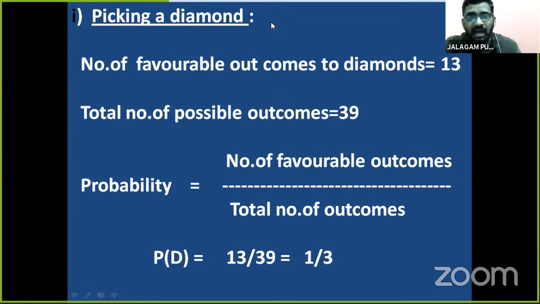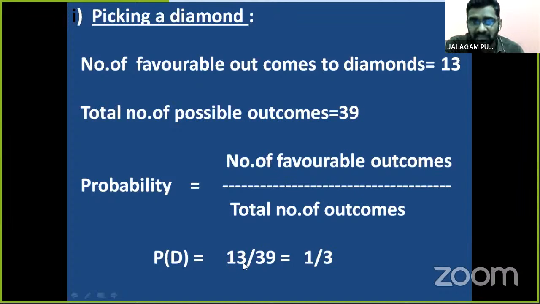So here, the probability of picking a diamond is equal to the number of favorable outcomes of picking a diamond divided by the total number of possible outcomes. P of D is equal to 13 by 39.